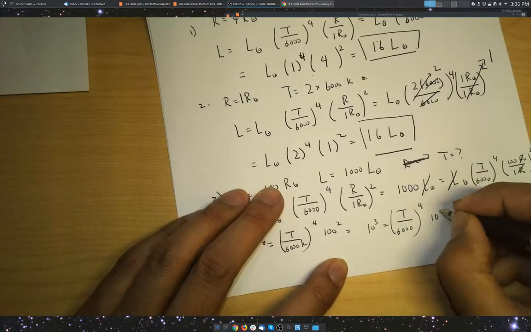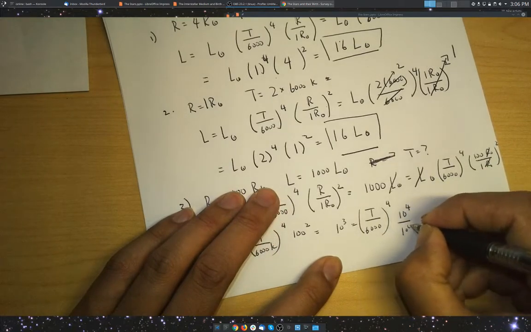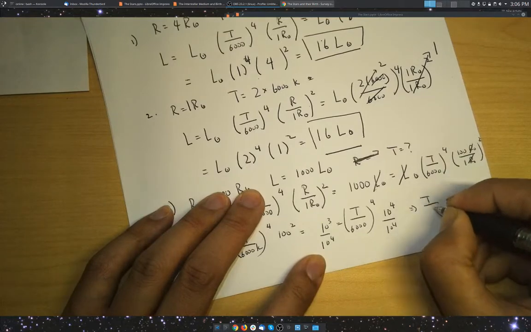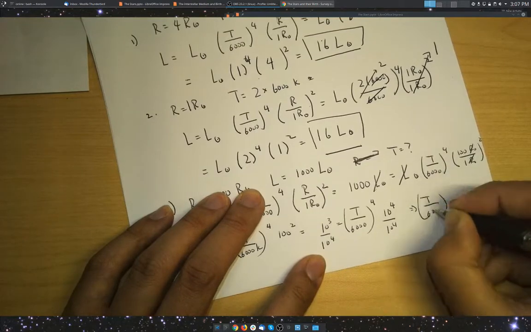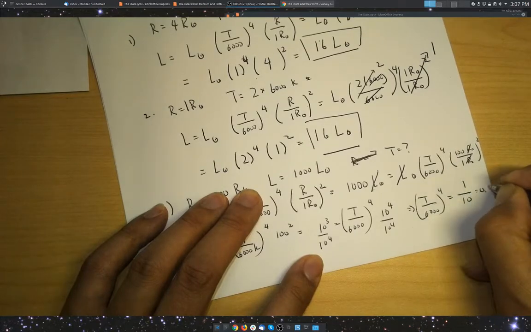That's 10 to the 4 now. So divide by 10 to the 4 on both sides. That means that T over 6,000 to the fourth power is 1 over 10, or 0.1.